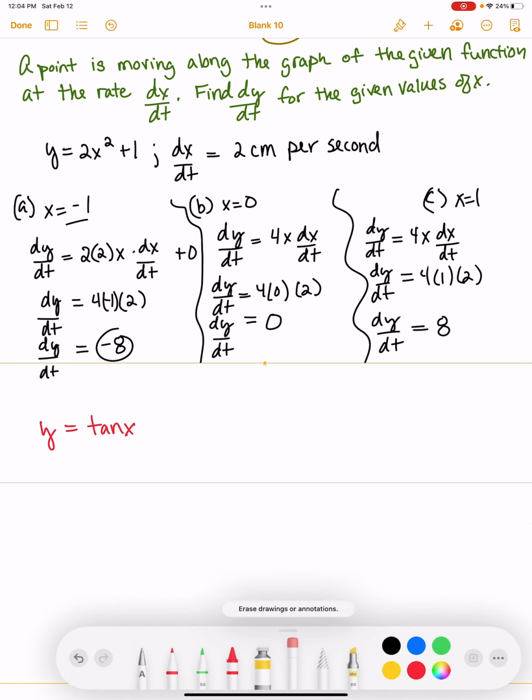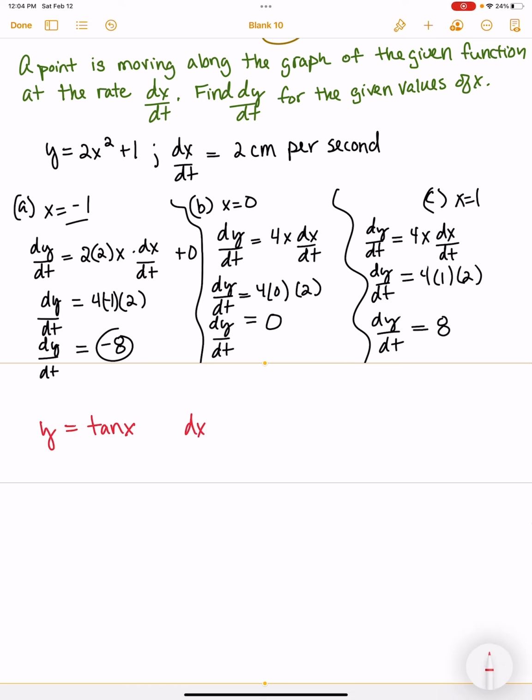I need to spread that out some more. dx/dt equals 3 feet per second. And we want to find dy/dt for given values.